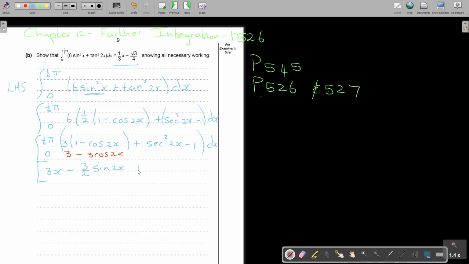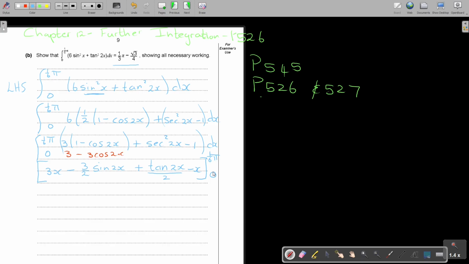Now I'm going to integrate sec squared 2x, and that will go to tan 2x over 2. So I multiply that also with a half. And then the negative 1 just becomes negative x. And remember, what are your limits, your boundaries? So it's 1 over 6 pi, and it's 0. Okay, so I integrated it.